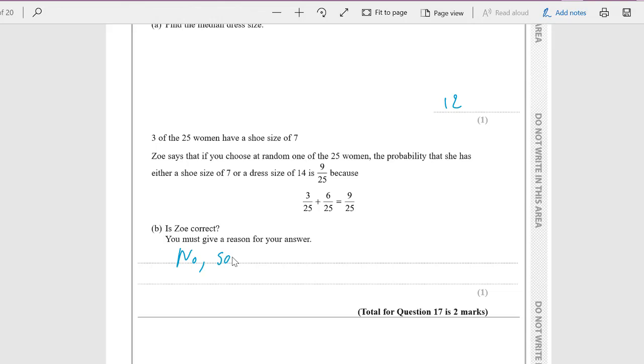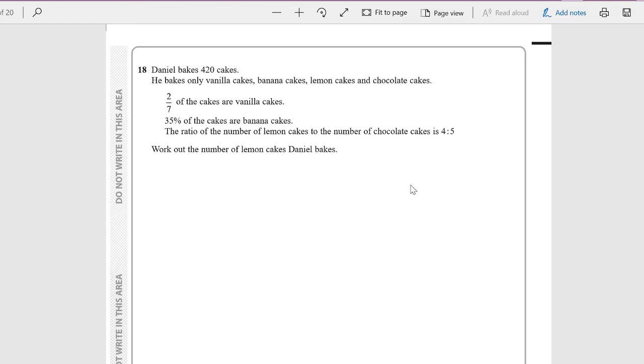So, no. So, some of them might have shoe size 9 and dress size 14. Brilliant.